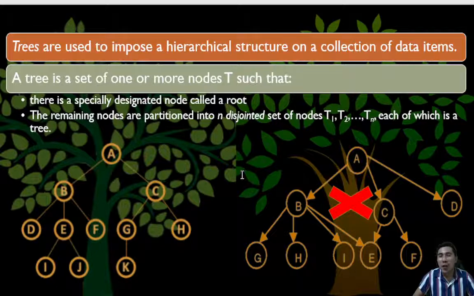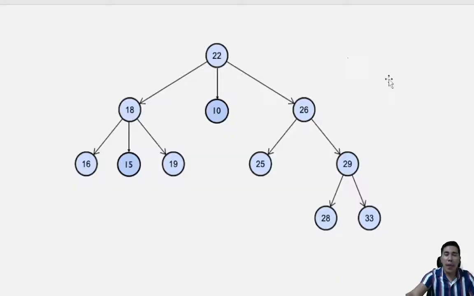So B is going indirectly to E. Therefore, it's not a tree. Now let's have here a general tree, which forms an inverted tree.